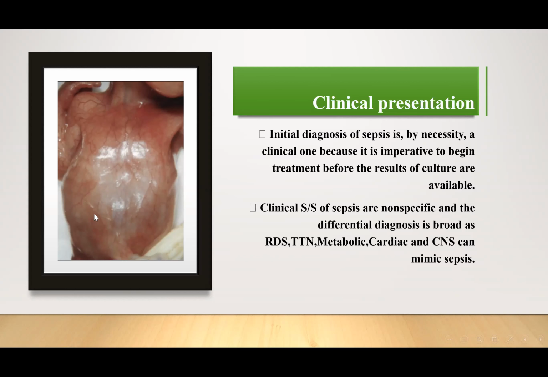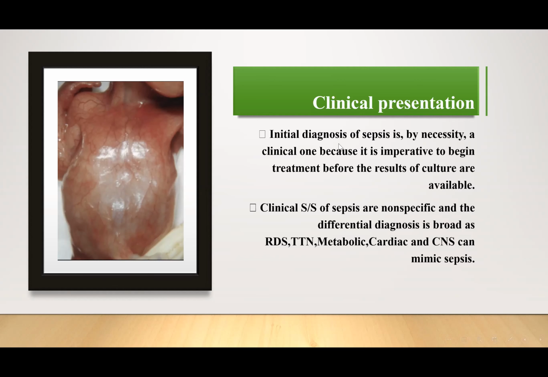Yes, now you can see that the abdomen is distended, and there is some discoloration, from blue to green, of the intestine. This is very important, and it is known as maybe necrotizing enterocolitis, NEC.